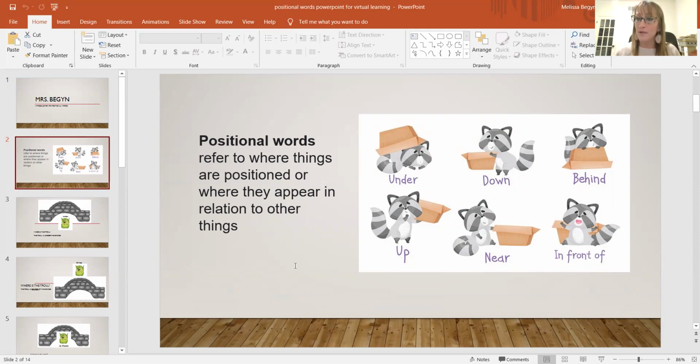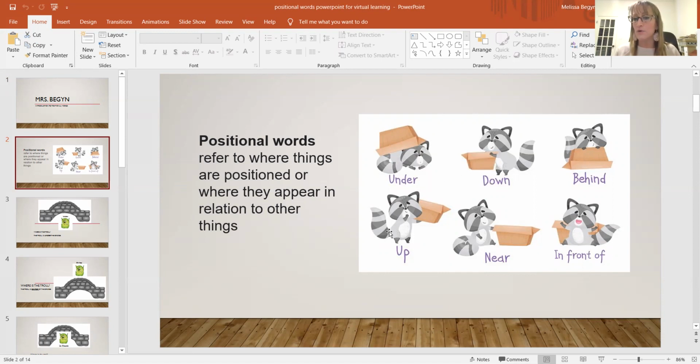For example, if you look at the pictures of the raccoon and the box, in the first one the raccoon is under the box. Under is a positional word. Here, he is behind the box. That's a positional word. Here he's reaching down into the box.